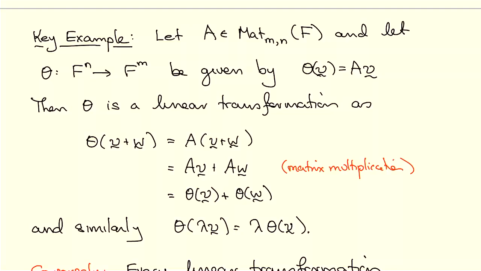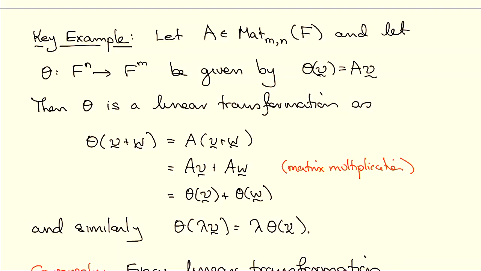Key example I want to make sure everyone understands is that if we have an m by n matrix A with entries in the field F, then this function here takes a vector v in F^n. I have to look at my matrix there: what vector makes sense when I put it next to the A?